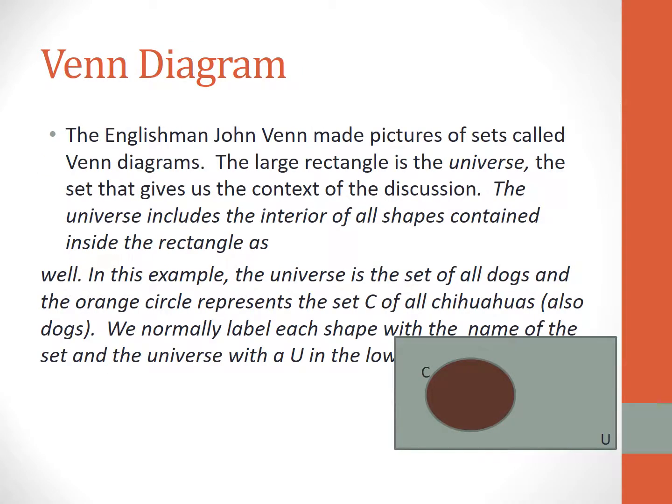So one way that we get good pictures is we draw what we call Venn diagrams. And I apologize. I have been trying really hard to draw Venn diagrams and I have not been able to do it. So basically what you have is a rectangle. The rectangle is called the universe and it basically tells us the context.